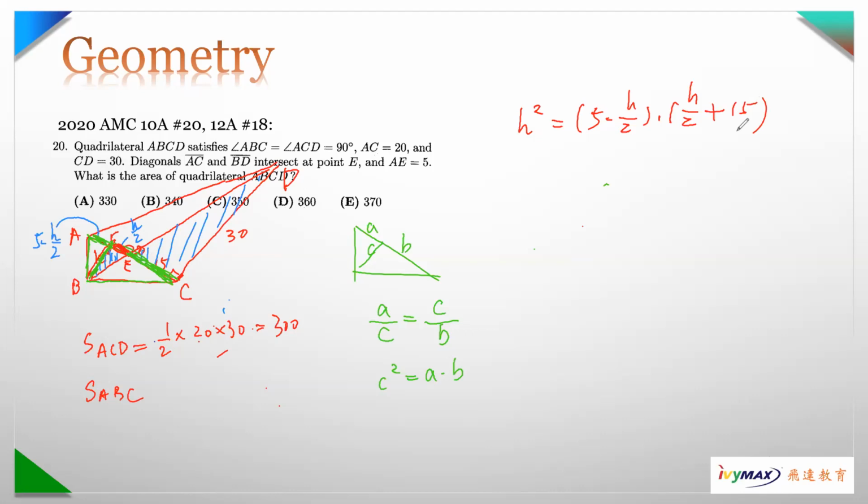You just solve this quadratic equation and h gives you 6. When you plug back in, the area of ABC should be half times 6 times 20. That gives you 60. Sum them up, and the answer should be 360.